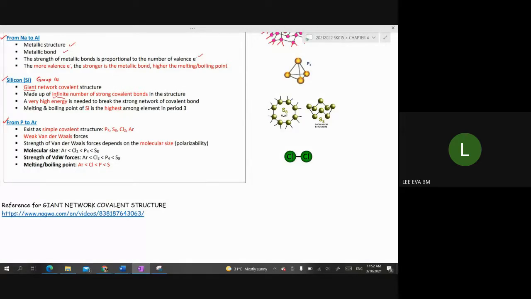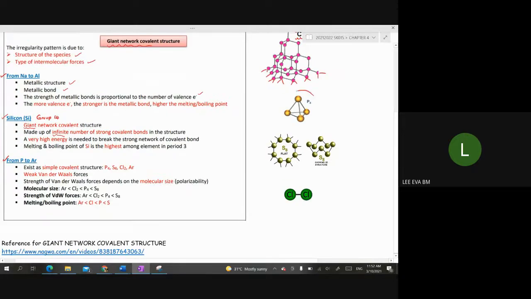It's not a single phosphorus atom only. The P4 will look slightly like this. It's not exactly tetrahedral, but you have 4 atoms linked together to make a molecule of P4.